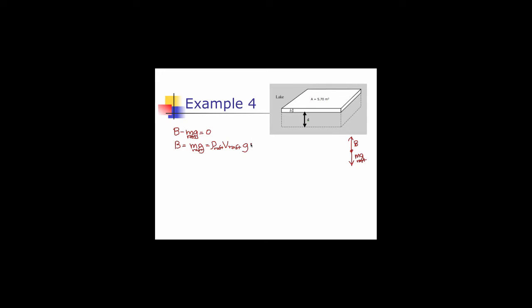And the buoyant force is equal to the density of the water times the volume of the water displaced times the acceleration due to gravity.